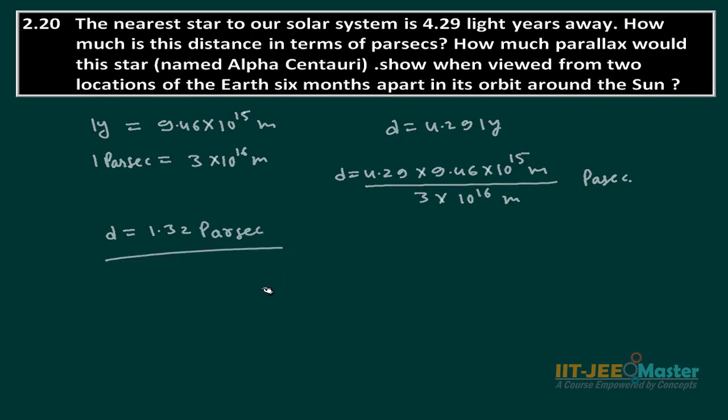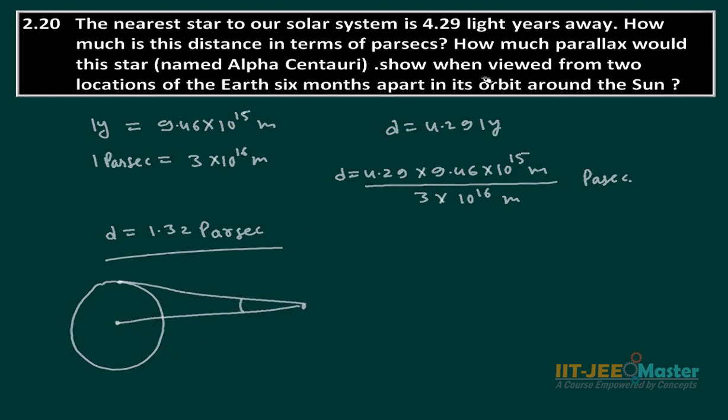parsec. And next, how much parallax would this star show when viewed from two locations of the Earth 6 months apart in its orbit around the Sun? We know that 1 parsec is the distance at which the radius of the Earth's orbit around the Sun subtends an angle of 1 second.